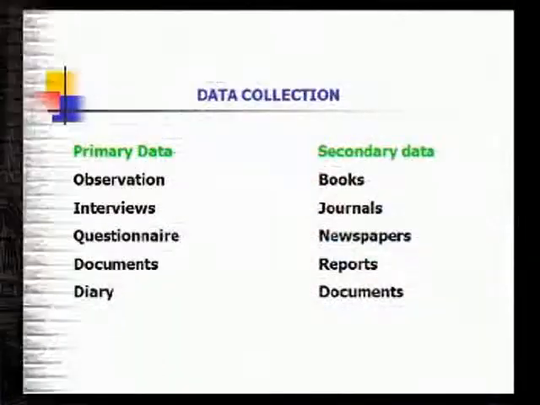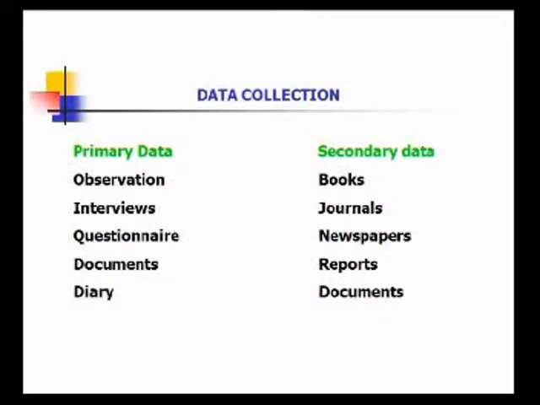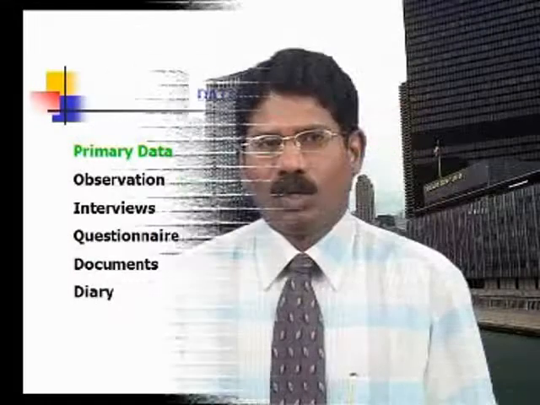So data collection is when you are collecting the information and resources for a research purpose. Data is divided into two types: one is primary data, another is secondary data. So first let us take up what things are called primary data and what things are called secondary data.